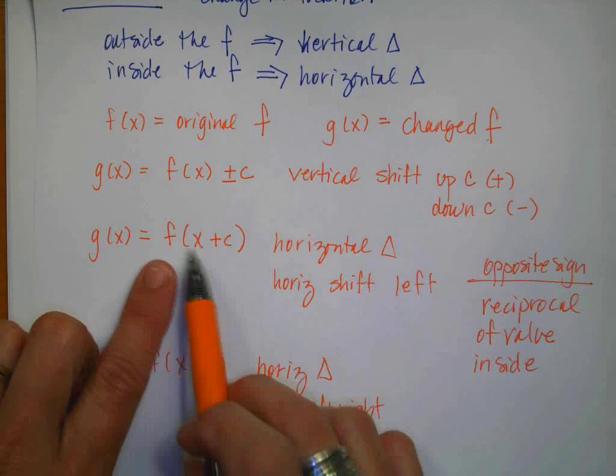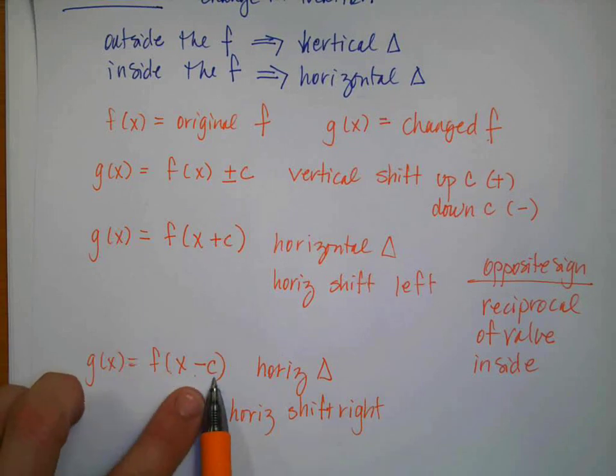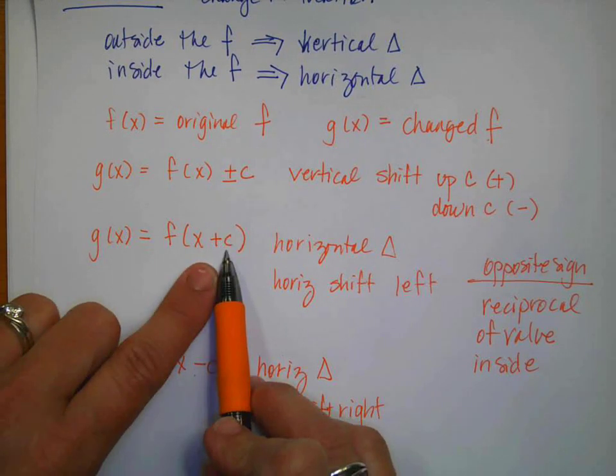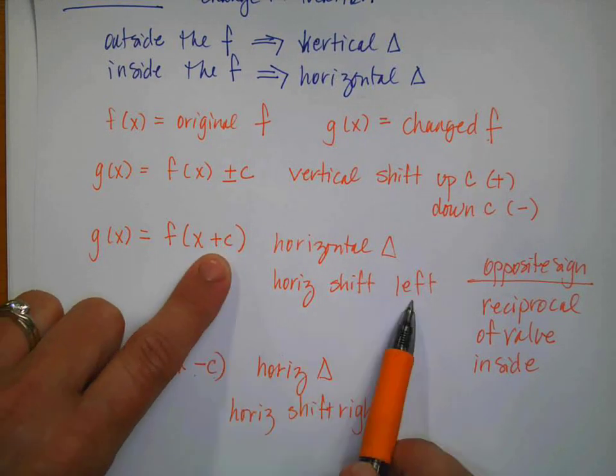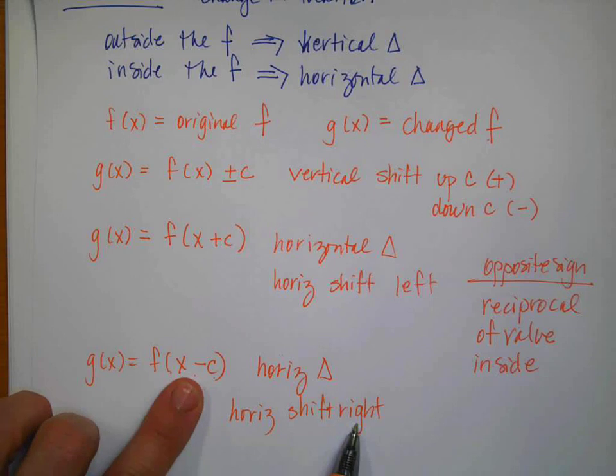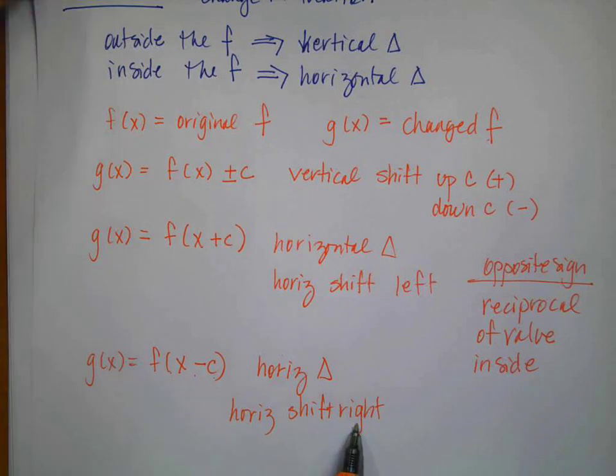Notice that it's going to be x minus the value of c. That's going to be the standard notation. So minus a minus is going to give us a plus, which is why this is going to the left. And minus a positive would be the shift to the right. Okay? All right, so that's our first round of translations.